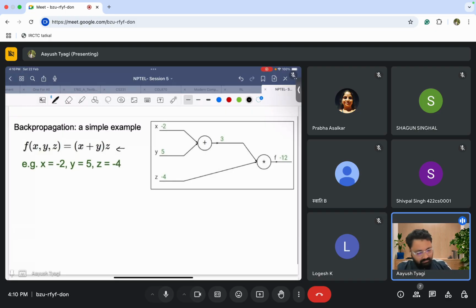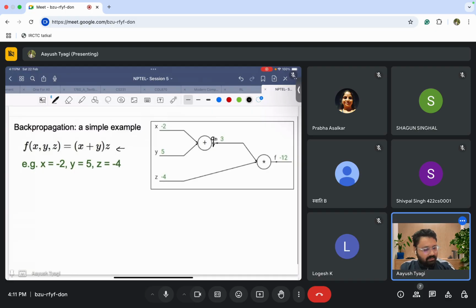Suppose x has a value of -2, y has a value of 5, and z has a value of -4. Let us assign a value q to this intermediate addition. So x plus y is basically 3, and then we multiply z and q to compute f, and the value comes out to be -12.